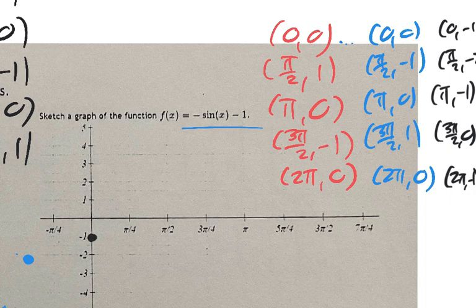So 0, negative 1. Pi over 2, negative 2. Pi, negative 1. 3 pi over 2, 0. 2 pi, just off screen. We're back to negative 1. So it would be here, to here, to there, to there.